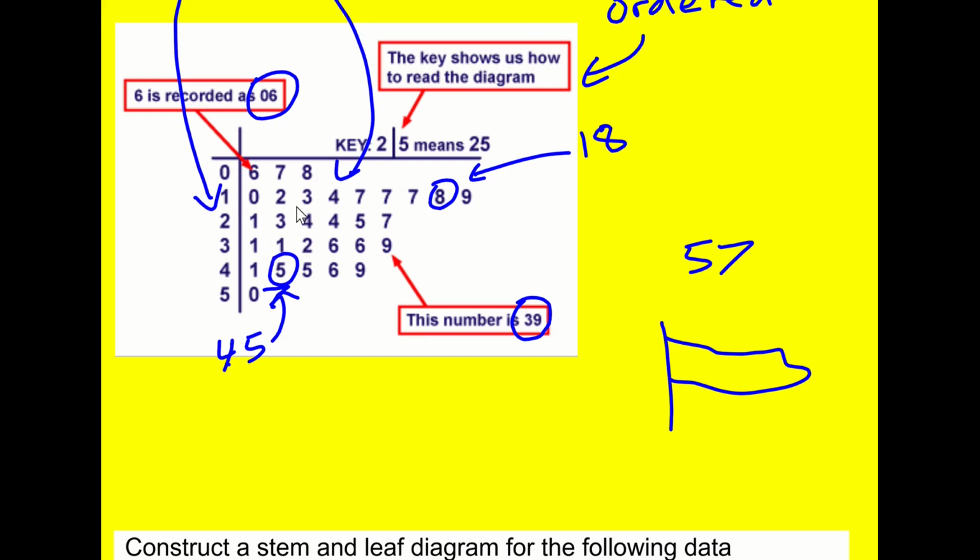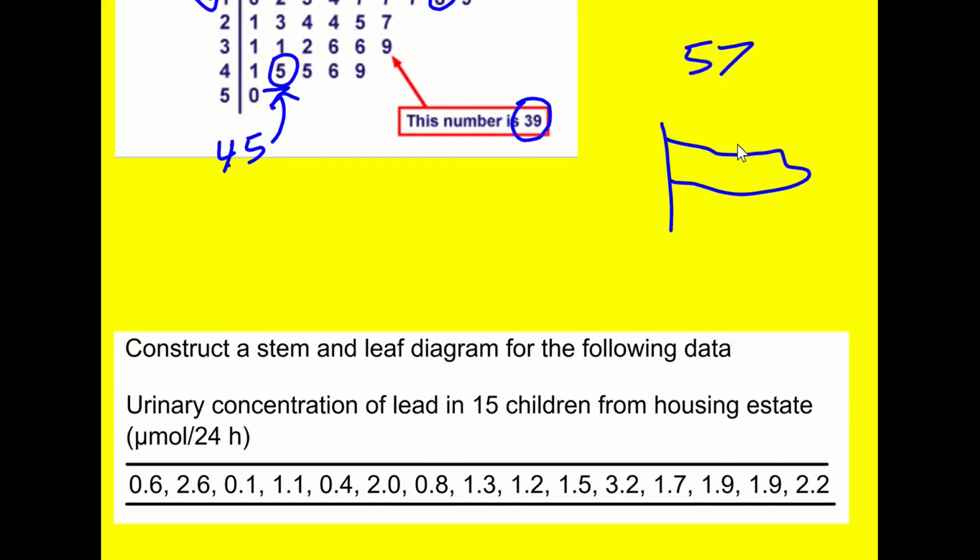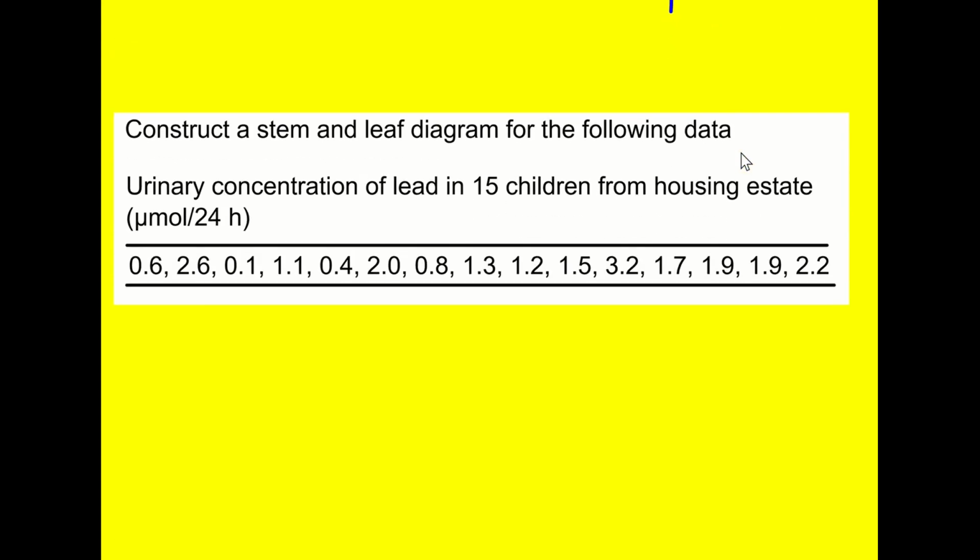We couldn't do it as a frequency table very easily because all the numbers are different, but we don't lose the accuracy that we would with a grouped frequency table. And it tells us a bit about the spread and what's going on. So it's an in-between thing: exact data, but in the case where you have lots of different values, that's when stem and leaf diagrams can be really useful. Okay, back to this one. Right, we'll do it now.